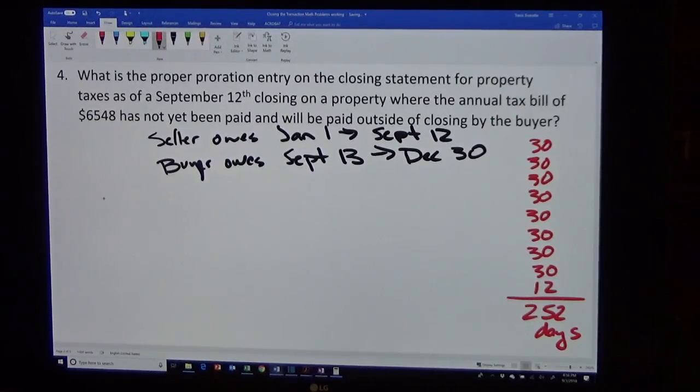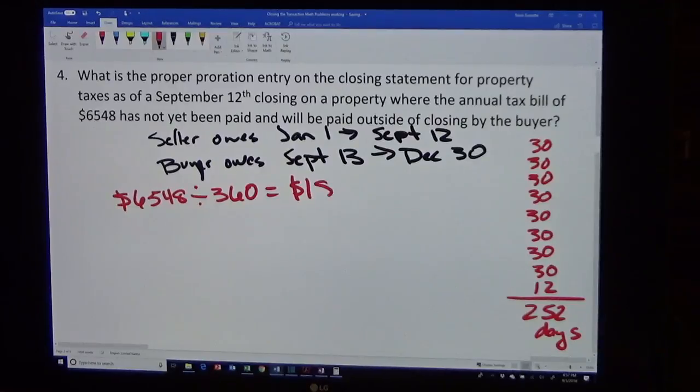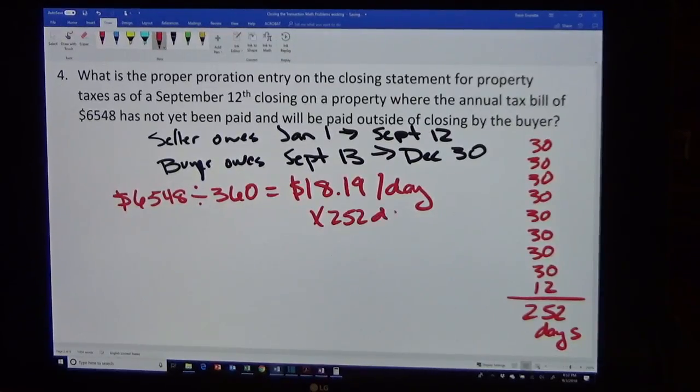We know that the annual tax bill is $6,548 a year. Divide that by 360 to get our daily rate. And we come up with $18.19 a day, times 252 days.